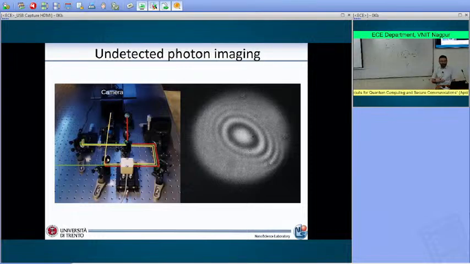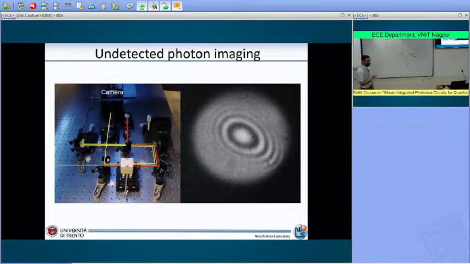So this is completely off from any classical explanation. The whole explanation is coming from quantum mechanics, and I will be more specific in a while. It is associated to the fact that what we are dealing with are entangled photons.